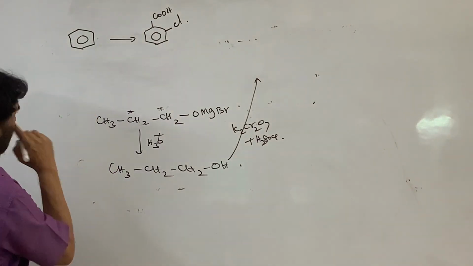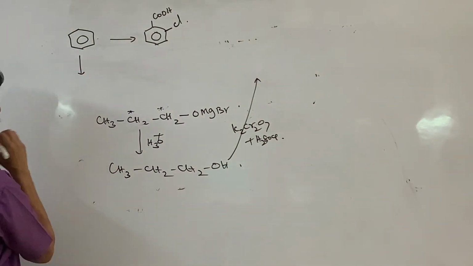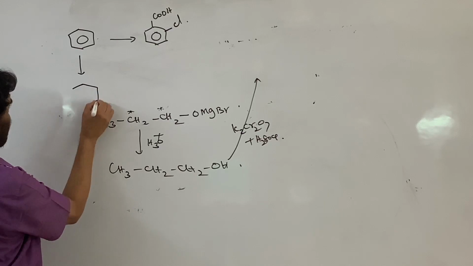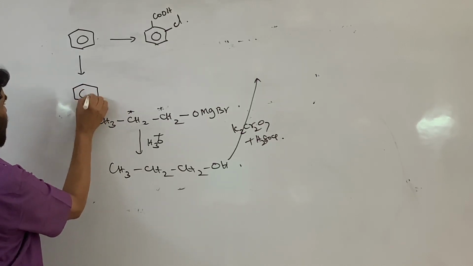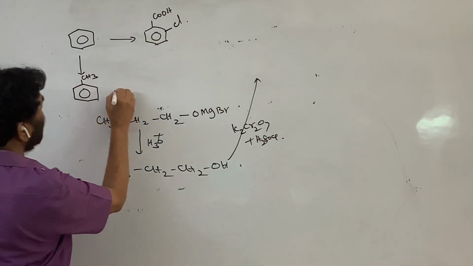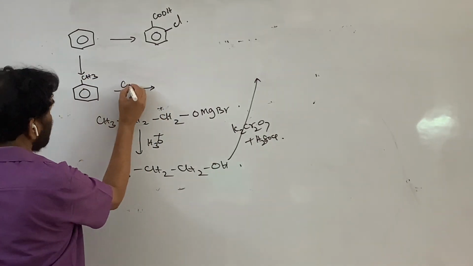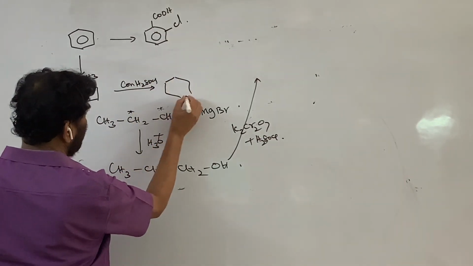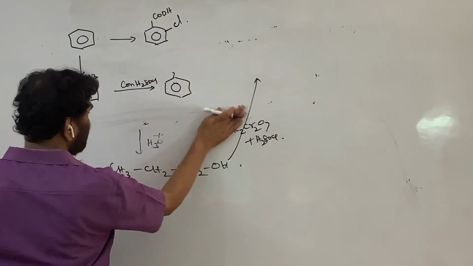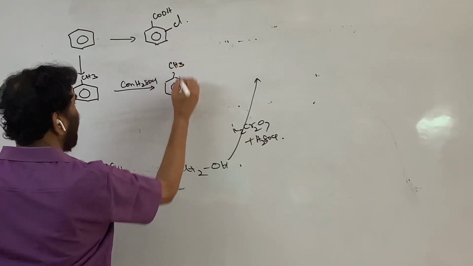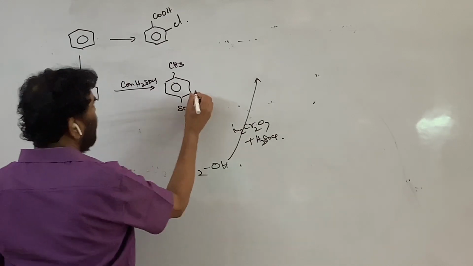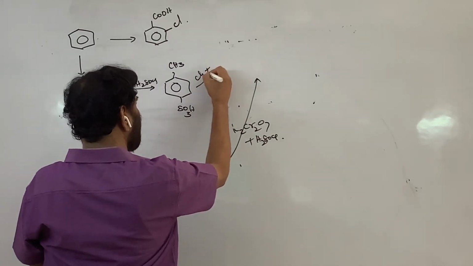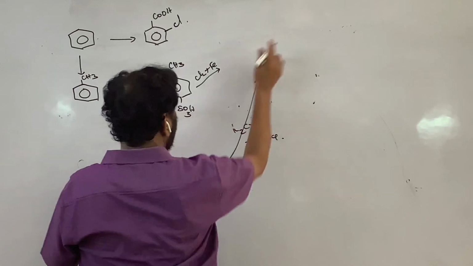Then what to do? Convert it into toluene, then treat with concentrated H2SO4 to lock the para position in the form of sulfonation. Then treat with chlorine in the presence of iron powder or FeCl3 or AlCl3.